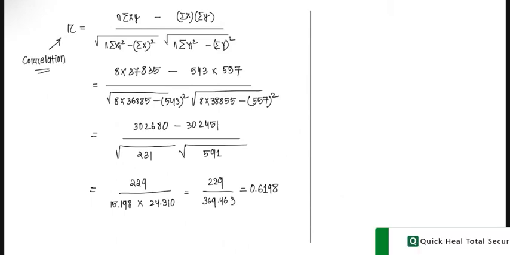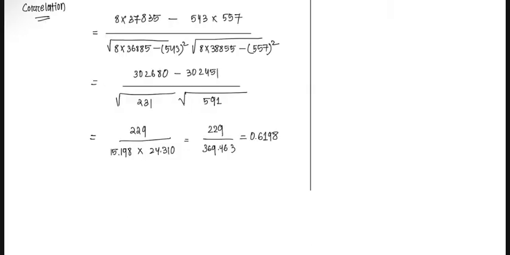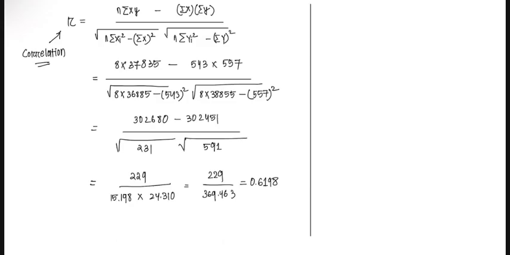We got the correlation. Now we will find the sigma x and sigma y. We need to find the slope and the equations. Now I will do the thing. You will understand more about it.